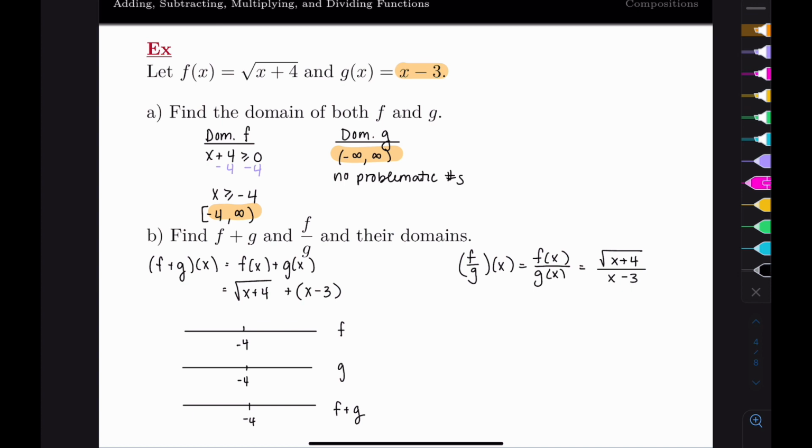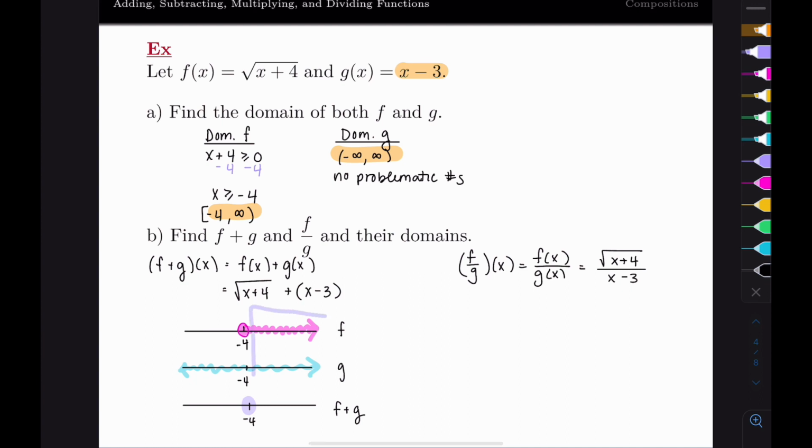For our function f, -4 is our first important value. We can equal it, and then I can pick all values greater than this. For g, we have no issues. We get to equal everything. So now when I go to combine the two of them, I want to pick values that work for both. Looking at these, in both of these expressions, I can equal -4. So that means I can equal it in my combined function.